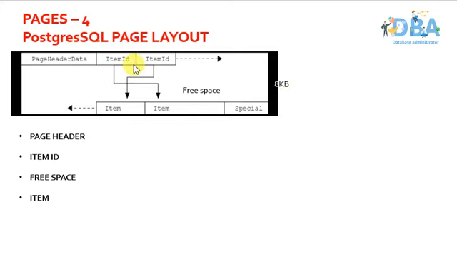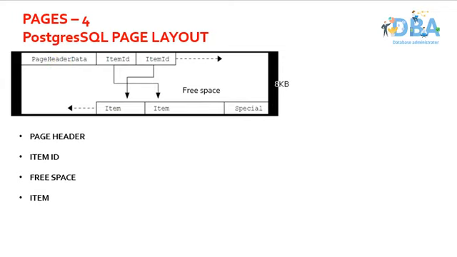Let us discuss the first component, that is the page header data. The page header gives the information about the free space in the page. So if you are going to insert a record, the database will first check with the page header about the availability of space. Depending on that availability, the record will be inserted in that page or it will move on to the next page.